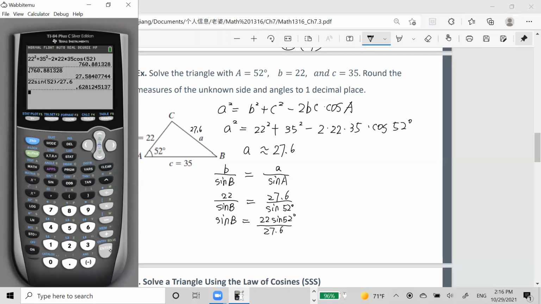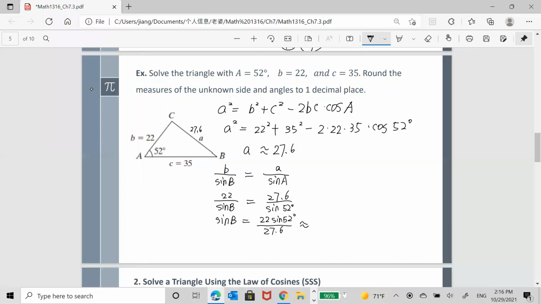If I keep 4 decimals, because these are intermediate steps, I need to keep more decimals to make it accurate. 0.6281. It's about 0.6281. So the angle B equals the inverse of sine 0.6281.